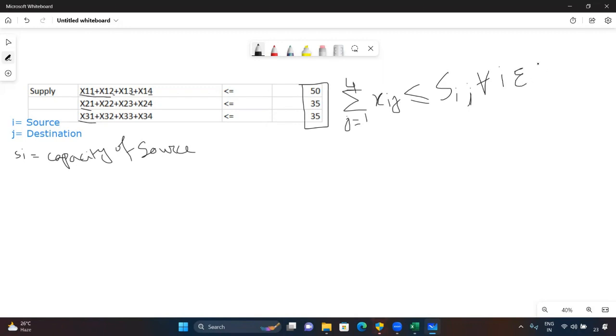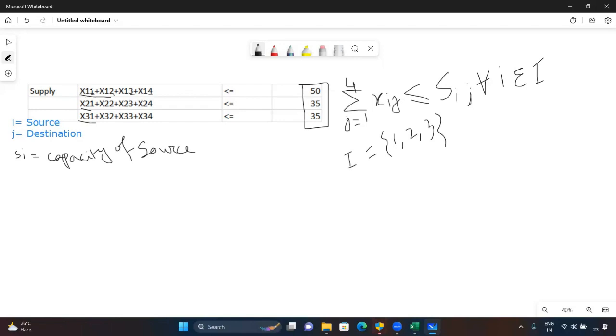set of capital I. So here capital I is a set of small i which consists of the values 1, 2, and 3. Okay.